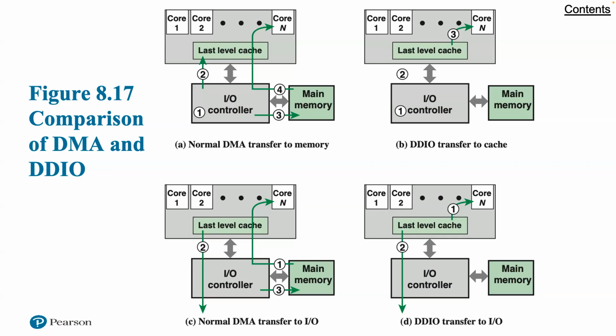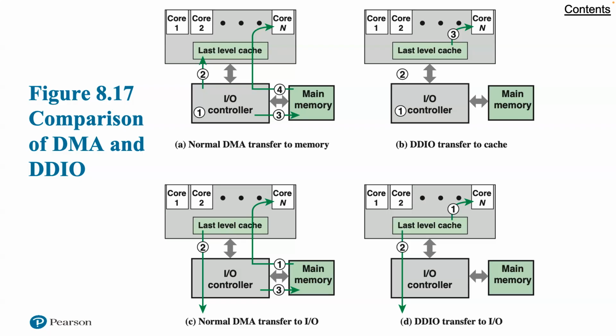When the NIC receives notification for starting a transmit operation, it reads the data from the L3 cache and transmits it 2. The cache access by the NIC causes the data to be evicted from the cache and written back to main memory 3.